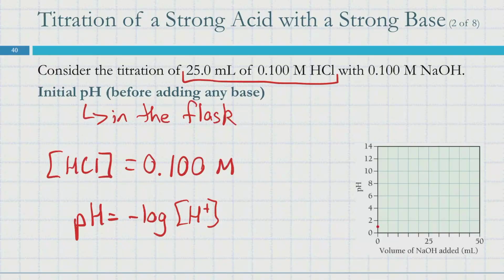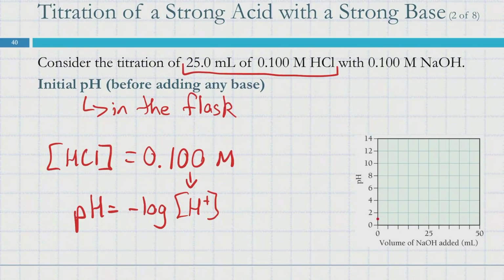Since HCl is a strong acid, it's going to be equal to 0.100 molar. So our pH is negative log of 0.100, which is 1. And that's what we see represented by this first point, the 0 point on our graph.